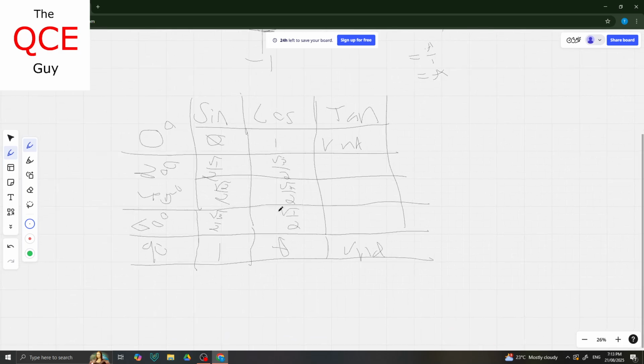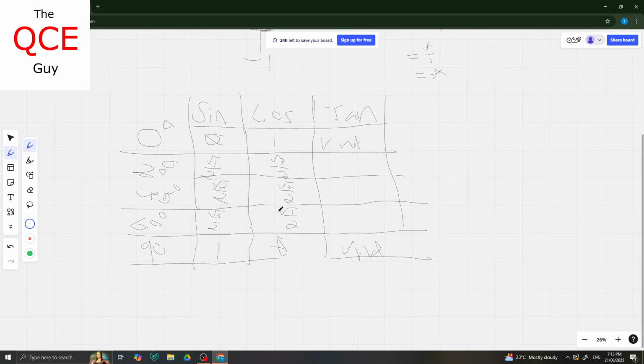And if you really want to see something cool, this value here you could actually write as root 4 on 2, because the square root of 4 is 2, and 2 divided by 2 is equal to 1. And same thing here, this could be root 0 on 2, which would also be 0. And obviously same thing there. But yeah, that's pretty cool.